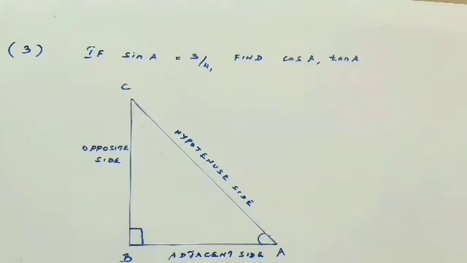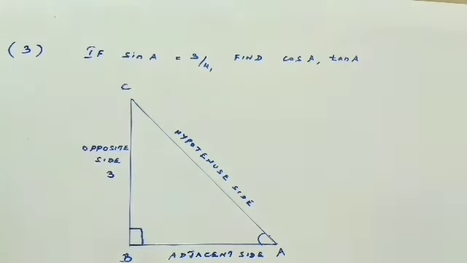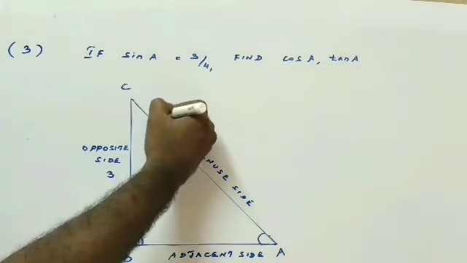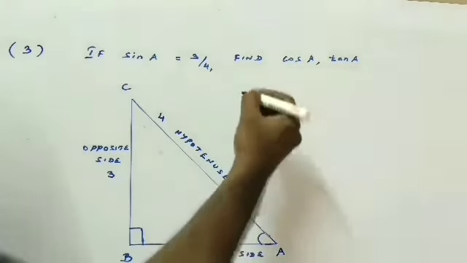Sin A equals 3 by 4 represents opposite side by hypotenuse side. This is the opposite side, so put 3 for BC and put 4 for CA. This is the sin value. Now we don't know the side AB, so put x for that. Using the Pythagoras theorem, we can find the value of x.